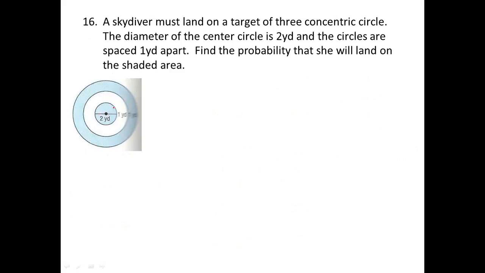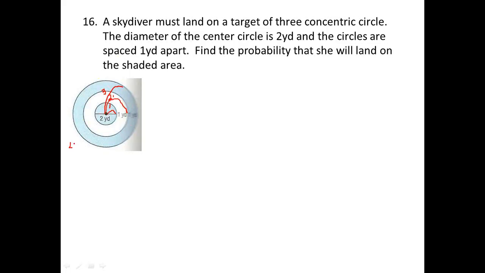Well, again, this is a radius of 1 yard. If I do it to here, it's 2 yards. If I go all the way out to here, it's 3 yards. So there's 3 circles there. I have the big one, take away this one, add back in the middle one.